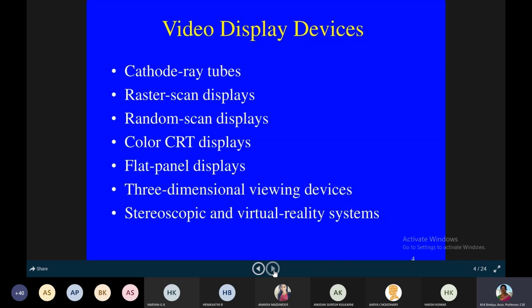All of you note this down, the different types of video display devices: first is the cathode ray tube, next raster scan display, next random scan display, next color CRT display, next flat panel display, and three-dimensional viewing devices, and stereoscopic and virtual reality systems. These are some of the video display devices.